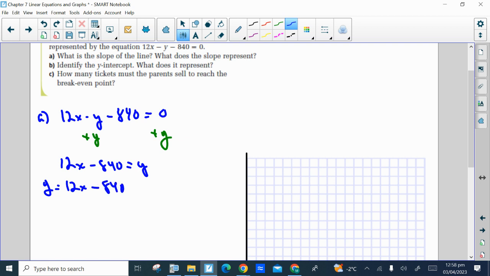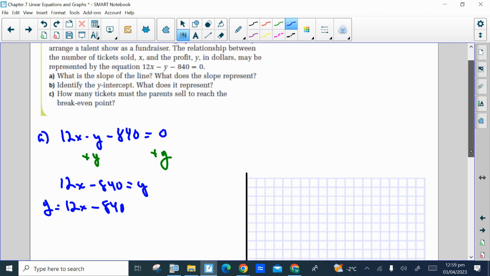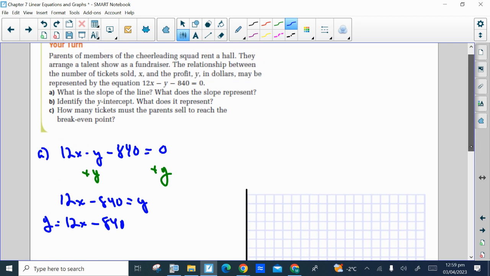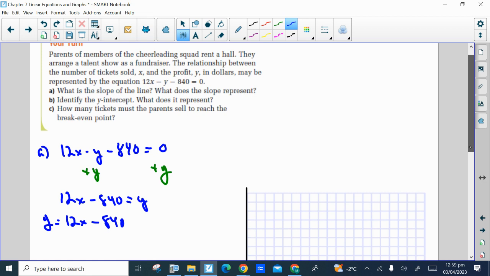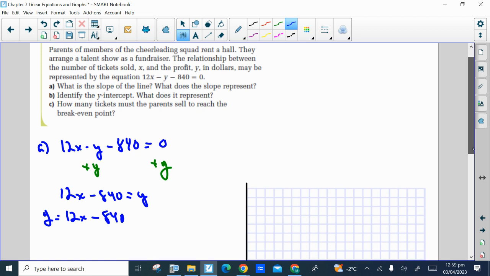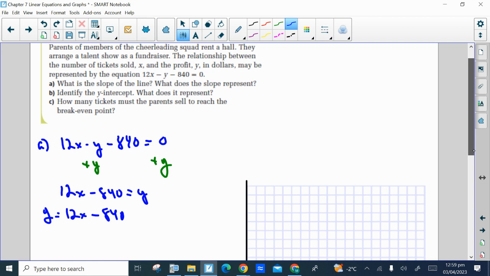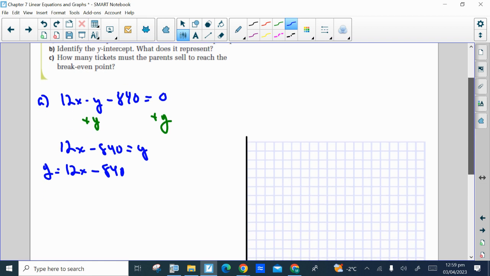So Ava, what's the slope of this line? 12. And it will represent, again, the rate of change, which in this case would be the increase in their profit as every new ticket is purchased. They are charging $12 a ticket. That's what it means.